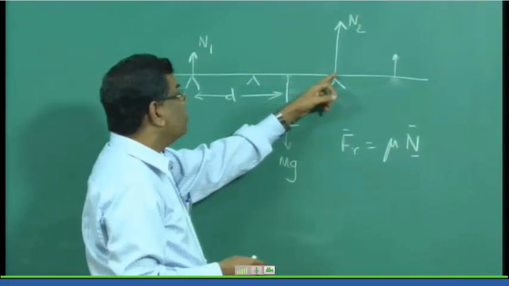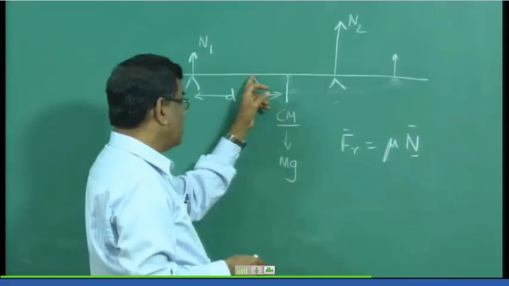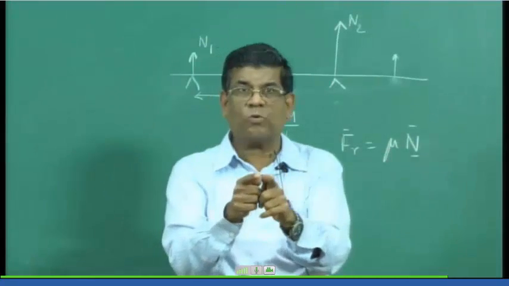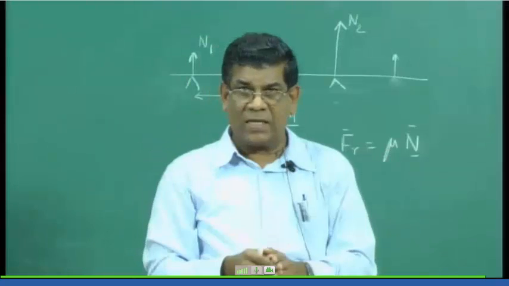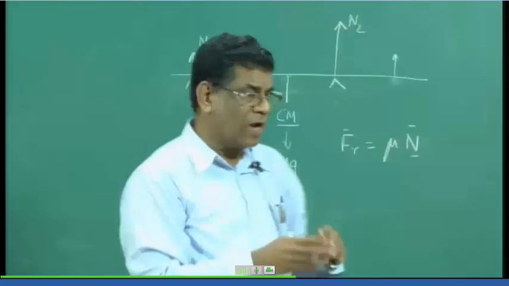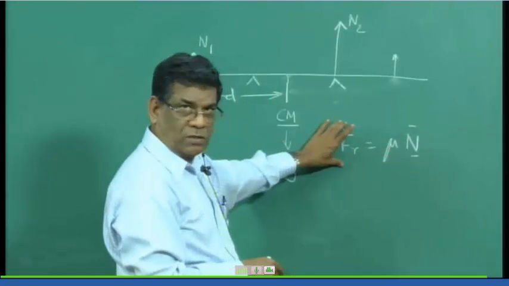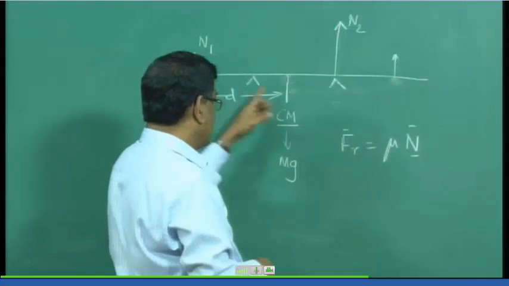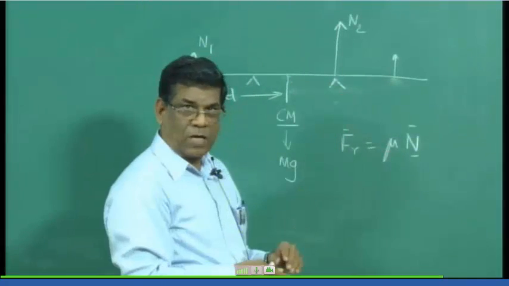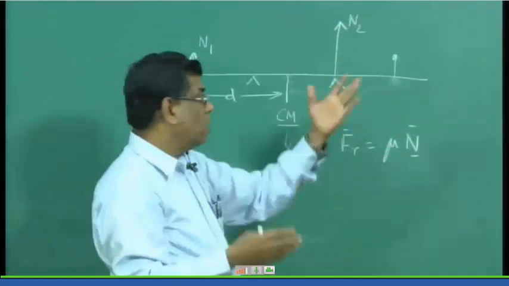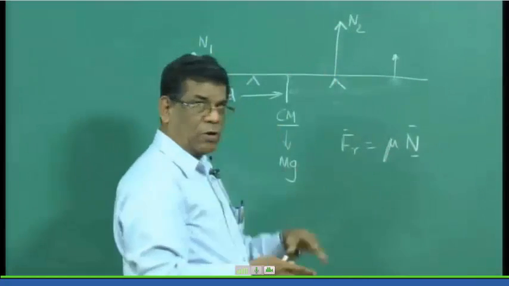Then this will start slipping, and then this will start slipping, depending upon which is higher. And as I come close to that, both of them meet at the center of mass. So it is basically a consequence of the frictional force, and because the reaction is a function of distance from the center of mass, when there is more reaction, there is more friction there compared to the other one. That is the reason.